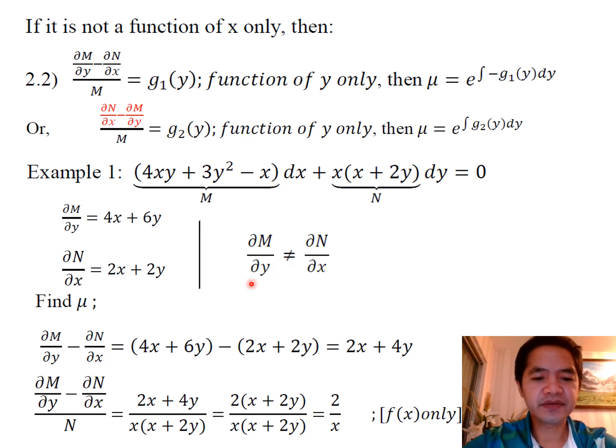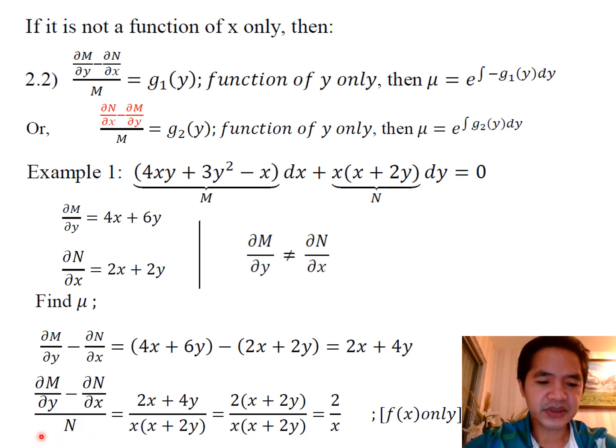So let's try to find the integrating factor. You take ∂M over ∂y minus ∂N over ∂x, and see the result. Here we get 2x plus 4y. And now what's next? Let's try dividing by N first, or you can do it the other way, divide by M first, it doesn't matter.